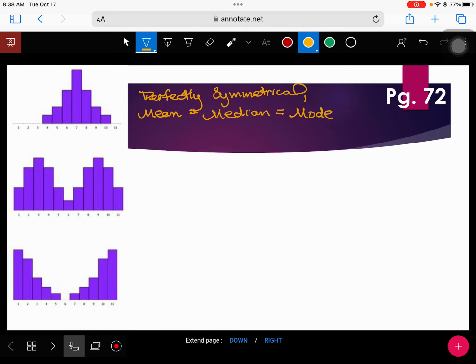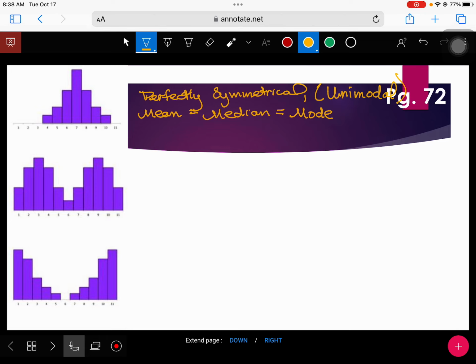And the reason it's equal to the mode is because this one specifically is unimodal. So if we had a bimodal graph, then the mode wouldn't necessarily be equal to the mean and median.